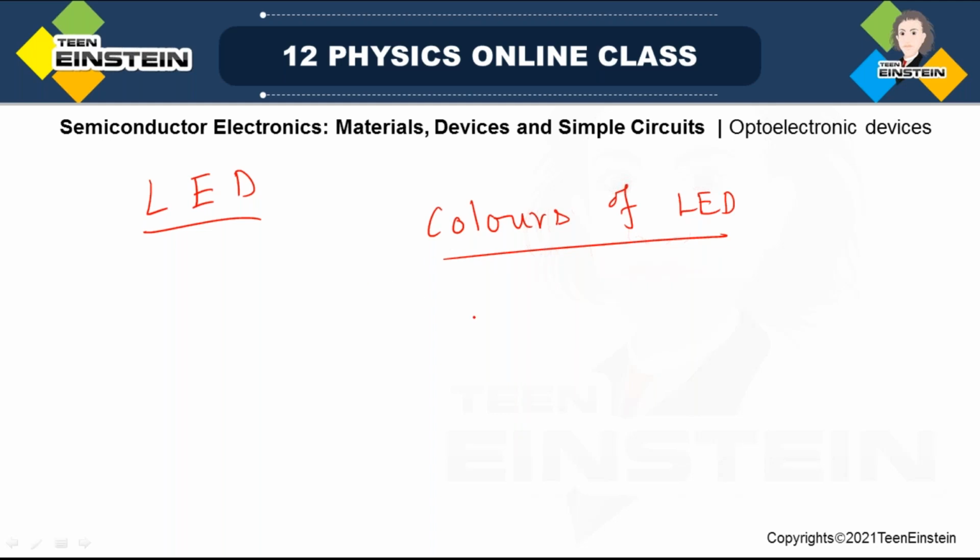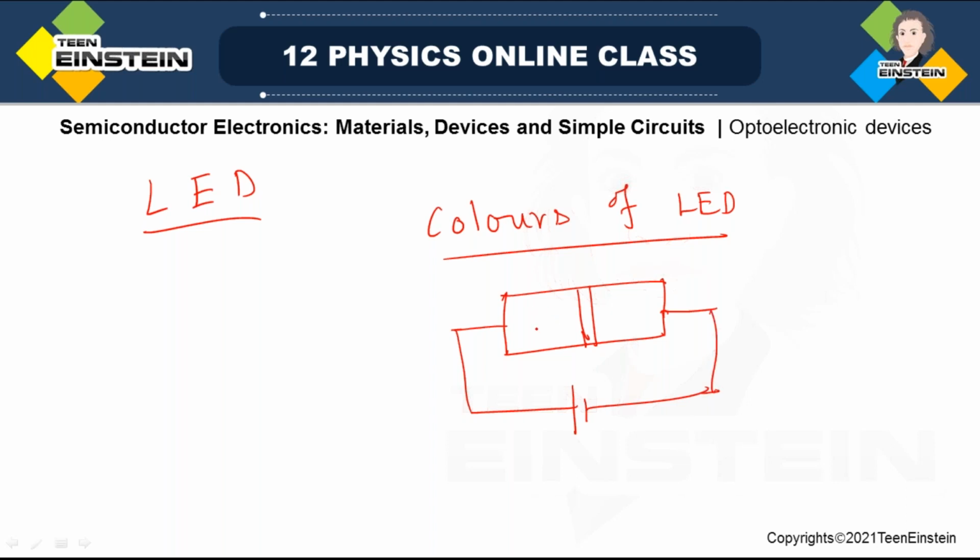See, as I said, if you get a PN junction diode, not all diodes are LED. Not all diodes can act as LED. Some diodes will act as LED. But how do you determine which will give you visible light?